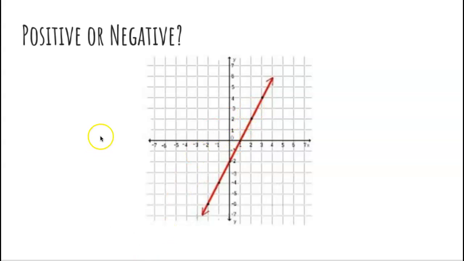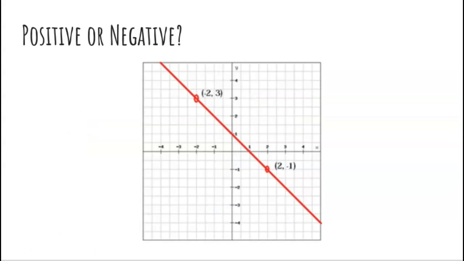So it is also going to be positive. Okay, in this example, this line is going down from left to right, and that means I can climb down it or I would be falling off of it. So this one is going to be a negative slope.